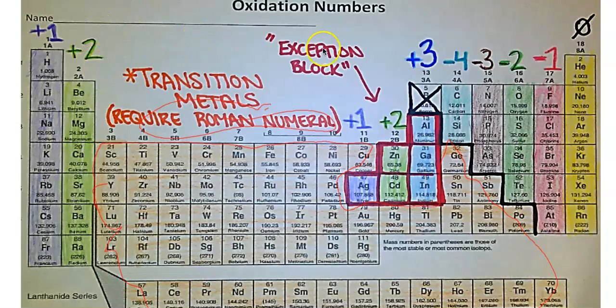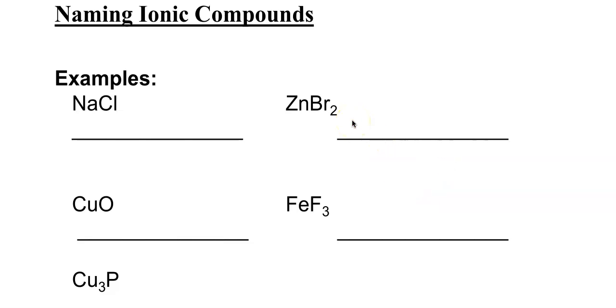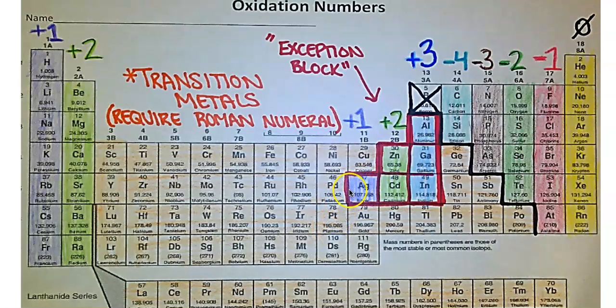There are a few exceptions in the metals, that is silver, zinc, cadmium, aluminum, gallium, and indium. These have set charges, and then of course everything in the A groups. But all the stuff in orange will need a Roman numeral.